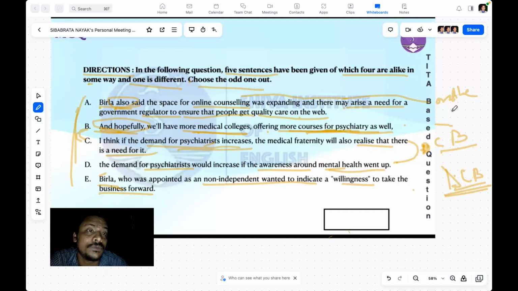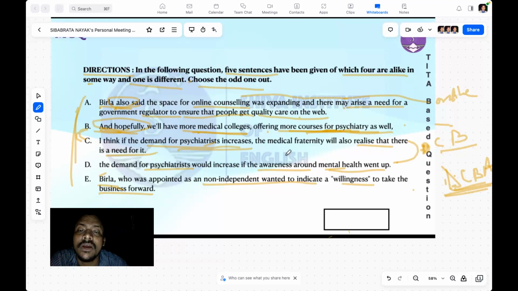Online counseling for those with mental health issues, or people who are affected by it. So online counseling was expanding, and there may arise a need for a government control to ensure that people get quality care on the web. So besides medical colleges offering more courses for psychiatry, we are also looking for what? Online counseling, right? Which was expanding, and also a need for the government to ensure that people get good quality care on the web. So in that case, we could consider DCBA an appropriate sequence.